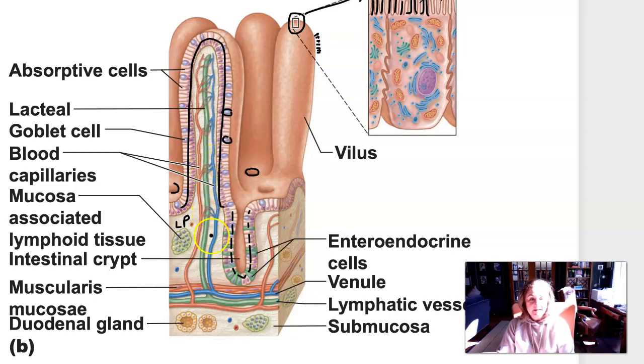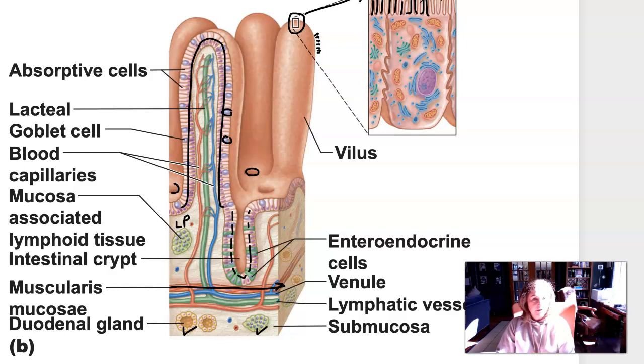We can see mucus glands, we can see lymph nodes. Here's the muscularis mucosae, so that's the boundary of the mucosa. And then this would be submucosa, where we can see some larger glands and some lymph nodes. So I hope that makes sense.